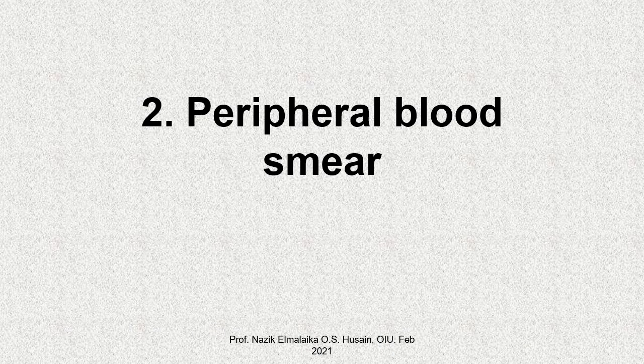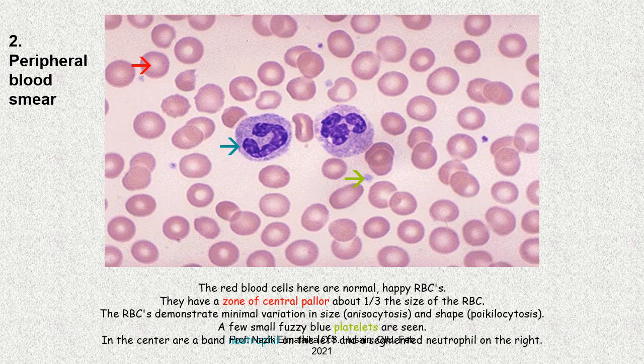The second investigation is the peripheral blood smear, which is done by a needle stick at the thumb, commonly for adults, or can be from the heel in children, then smeared in a slide and stained with a special stain.